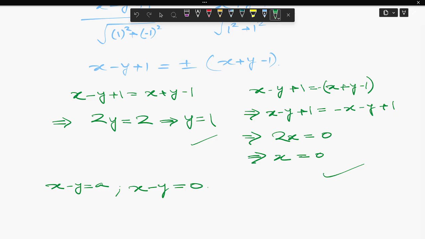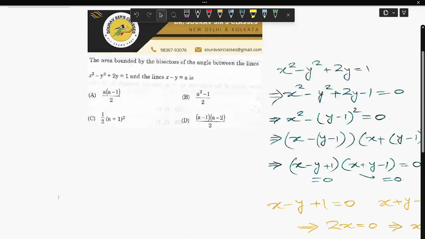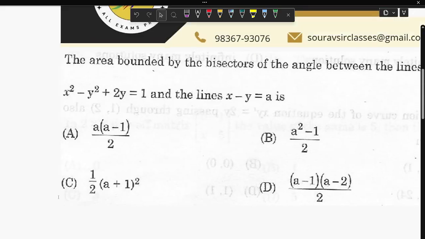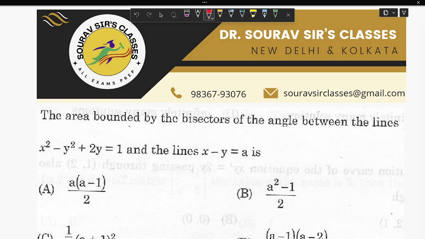So the area will be half into base into height, that will be a square minus 1 by 2. So this is our option B.